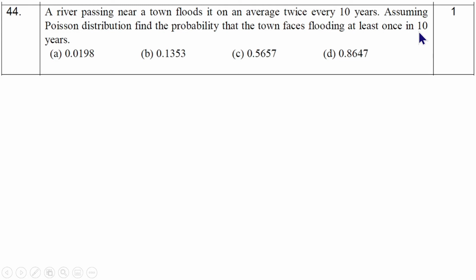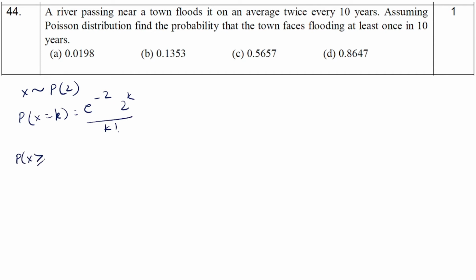So here lambda is equal to 2 and X follows Poisson distribution with lambda equal to 2. So we have probability of X equal to k is equal to e raised to minus lambda, lambda raised to k upon k factorial. Here we need to find probability of X greater than or equal to 1.